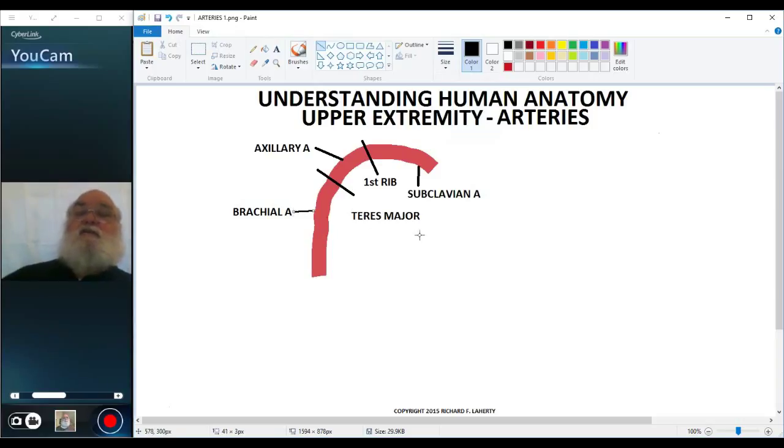So you can see this is one continuous artery: subclavian, axillary, brachial. The name changes at specific boundaries.